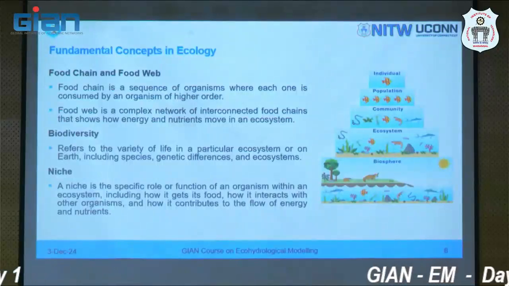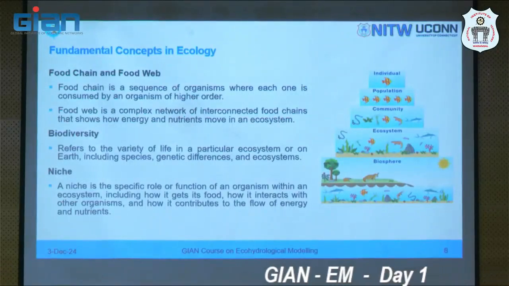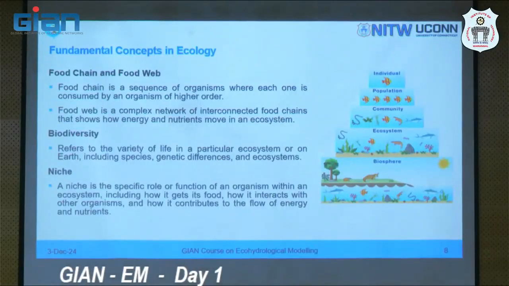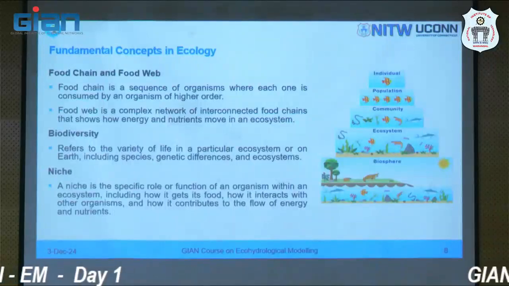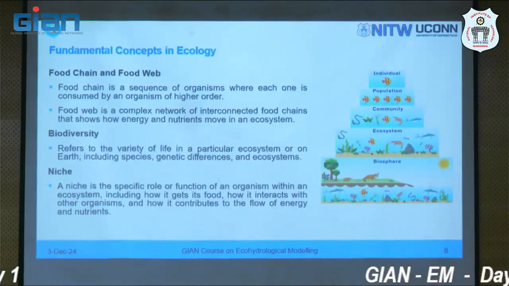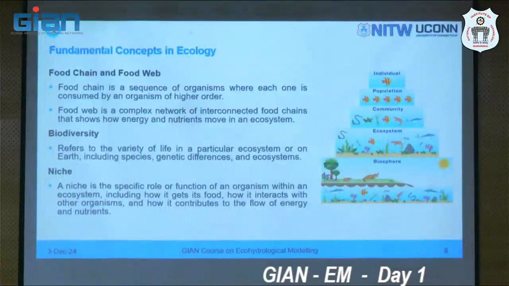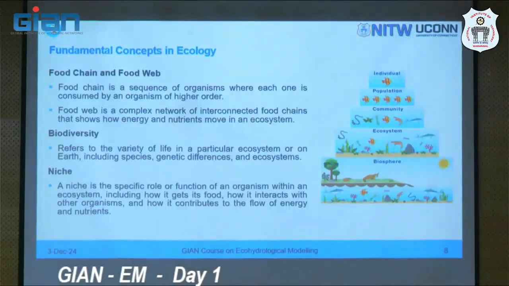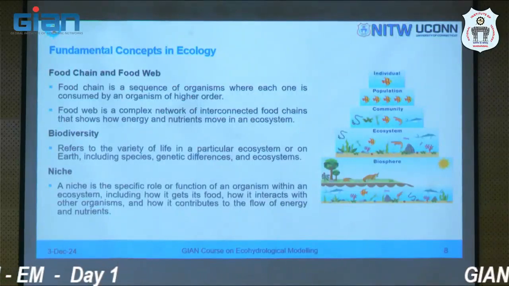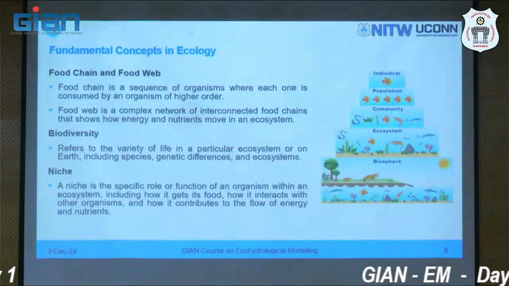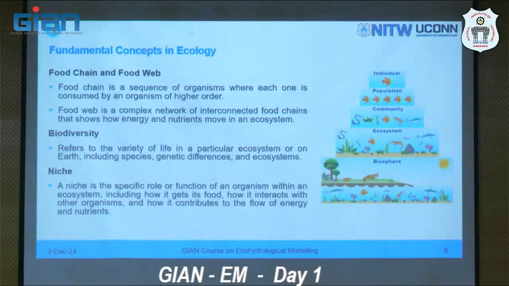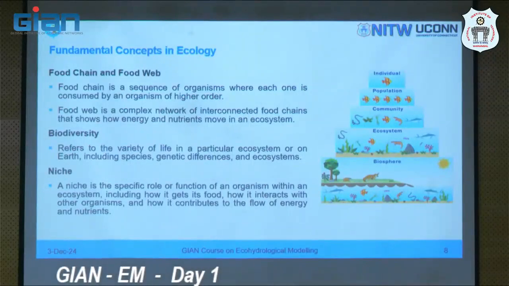For example, plankton, the algae growing in the bottom of a stream, is taken up by bugs, which are taken up by fish, and it moves up the food chain in a very successive way. And a food web is a complex network of interconnected food chains that shows how energy and nutrients move through an ecosystem.